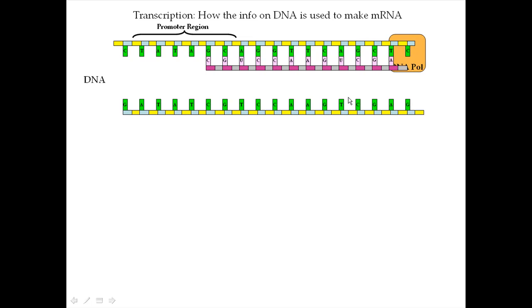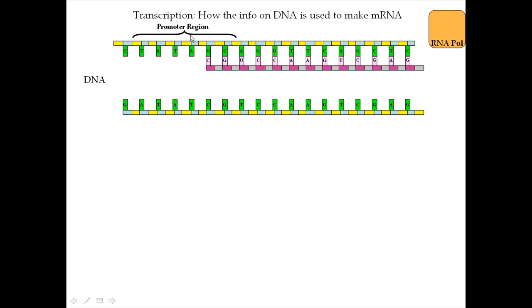It does this until it reaches the end of the gene. And when it reaches the end of the gene, it knows to come off the DNA molecule. It knows that its job is completed. There's a particular nucleic acid sequence at the end of the gene that prompts the RNA polymerase to fall off.